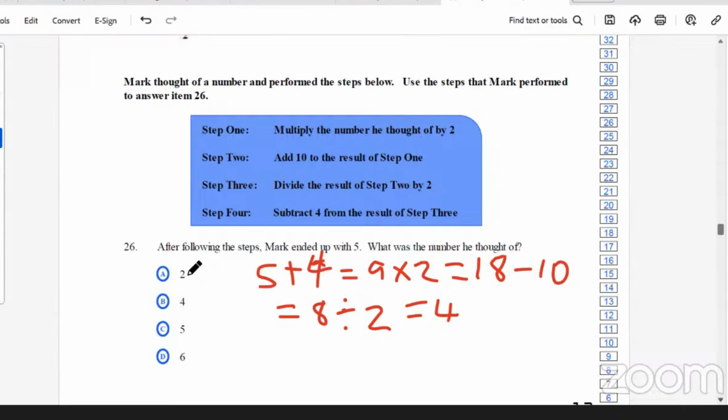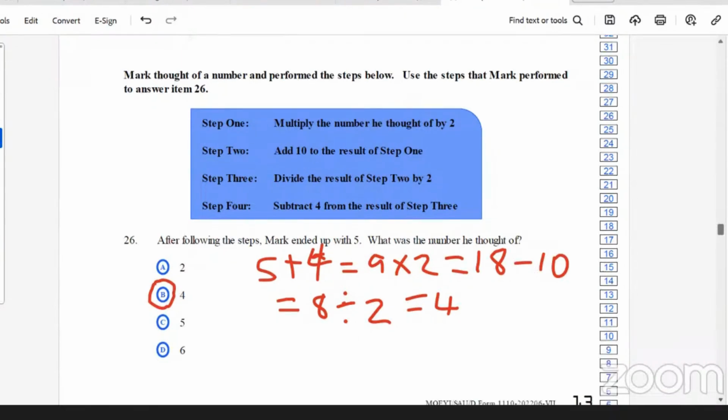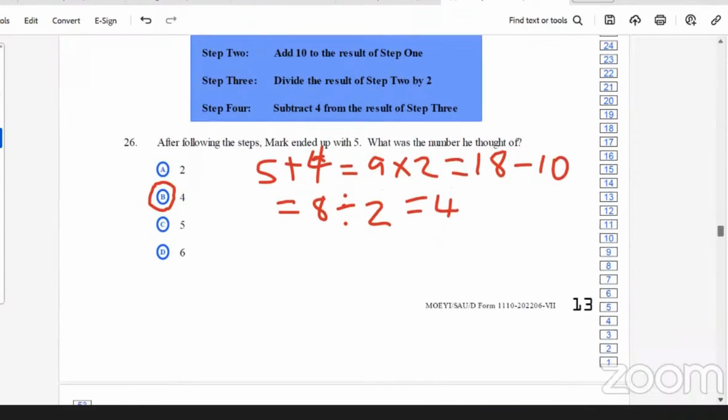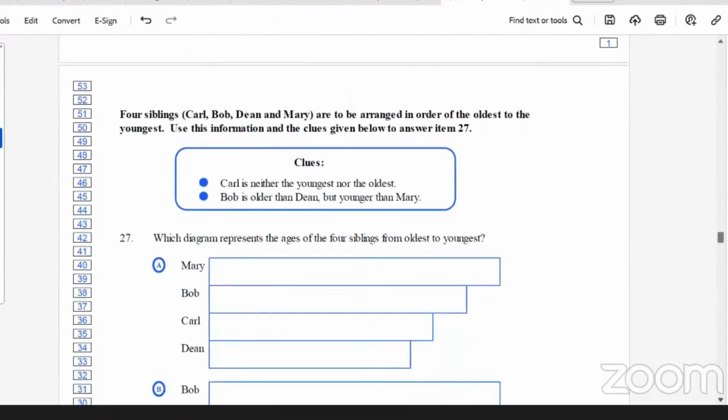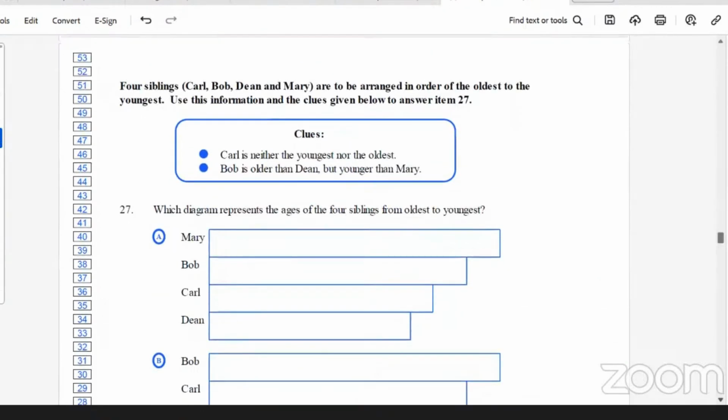So for example, you could have used the 2 and multiplied 2 by 2, that's 4, add 10, that's 14, and see if you would end up with the answer of 5. But again, I chose to do it a different way. And sometimes there is more than one way to do the questions. That doesn't necessarily mean I'm wrong, you're right, or you're right, I'm wrong, there's sometimes just different ways to answer the questions.